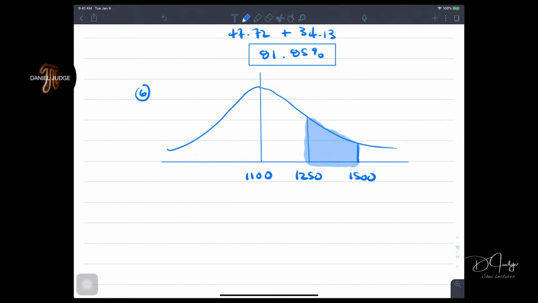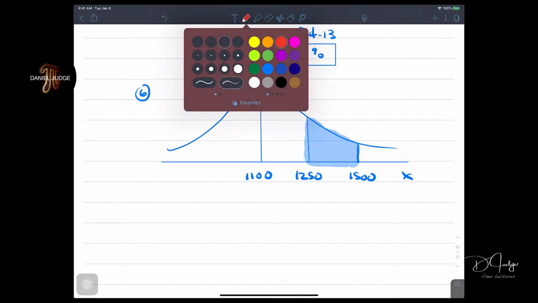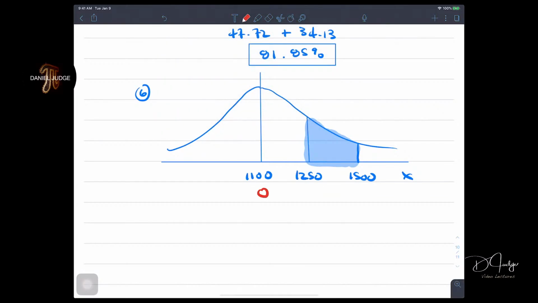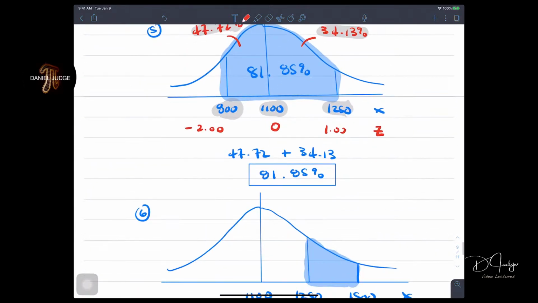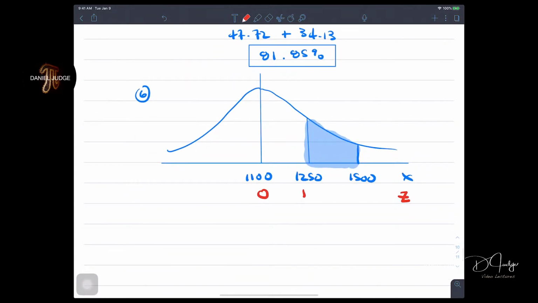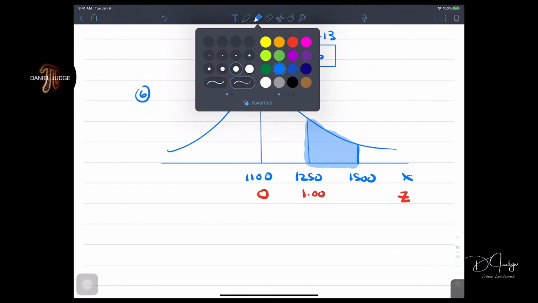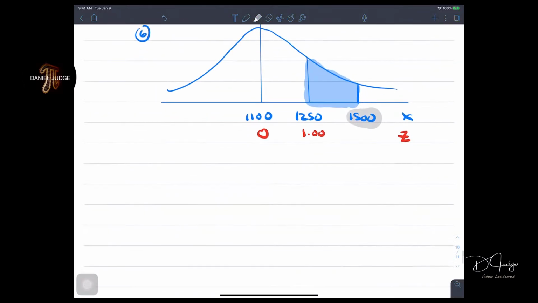Remember, these are all X values, so we need some Z values here. The center is 0. 1250, I believe we did 1250. Did we do 1250? Yes, we did. That was 1.0. And now we have to convert the next value, 1500.